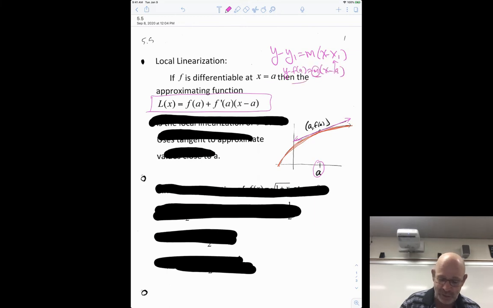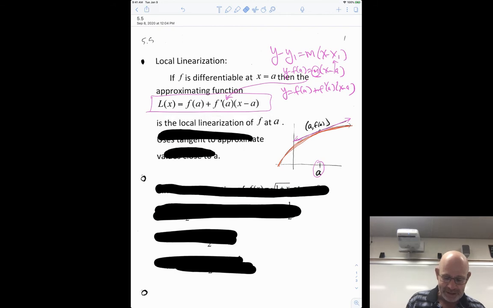That m is just the derivative, which is f prime of a. And then if I bring it over to the other side, y equals f of a plus f prime of a times x minus a. You see, it's the same thing. So the format doesn't really matter. When someone says find the local linearization, they're saying find the equation of the tangent line. Hopefully that makes sense.